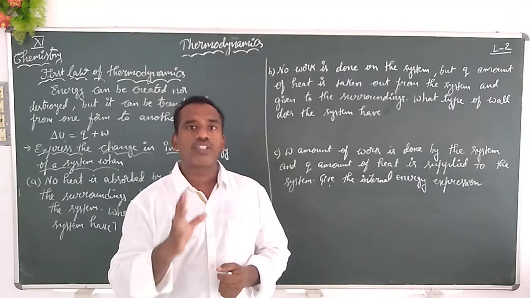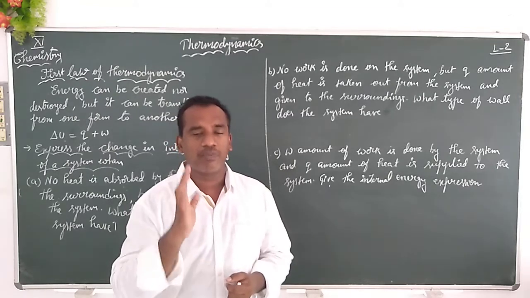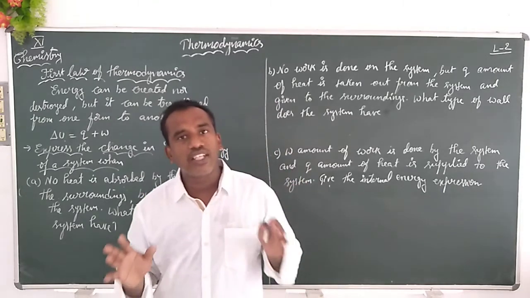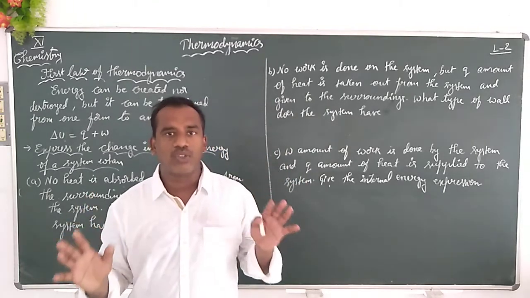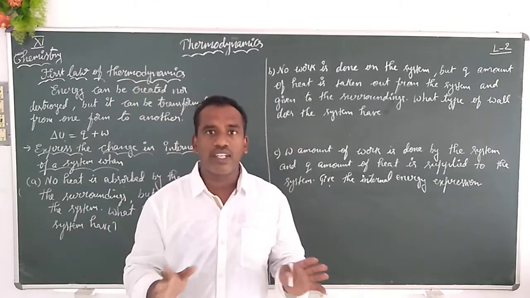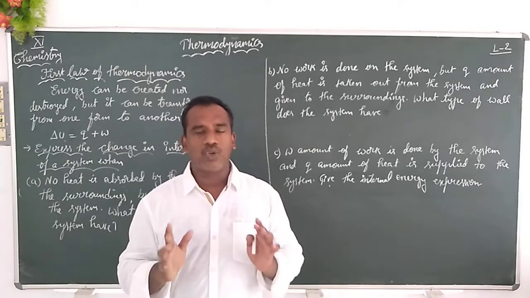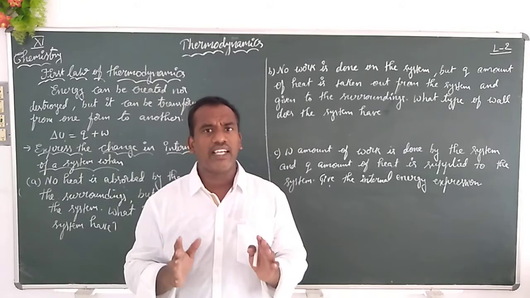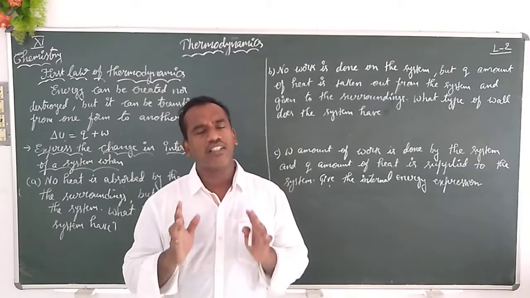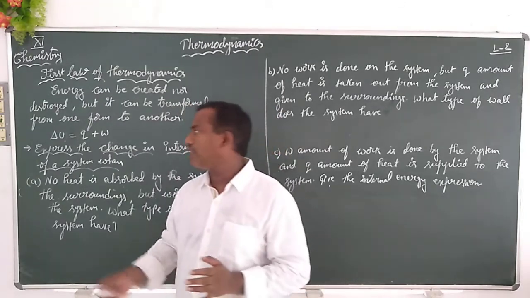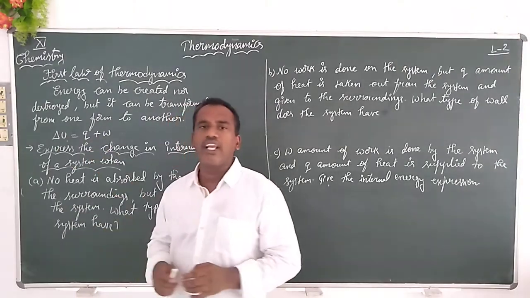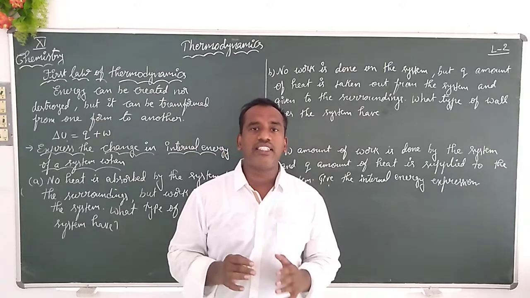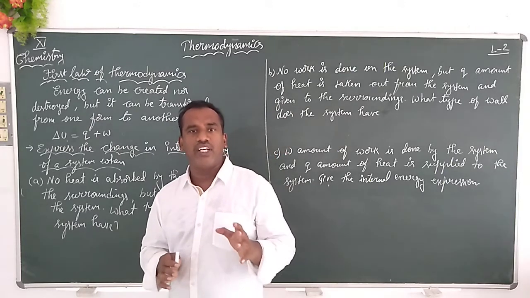That's what the first law of thermodynamics is speaking. What the first law of thermodynamics says is that energy can be neither created nor destroyed. The energy in this universe can be neither created nor destroyed. That is the sum of the heat content and the work done. That is what is given in the form of the equation: delta U is equal to Q plus W. Means the change in internal energy depends upon the heat and the work done.